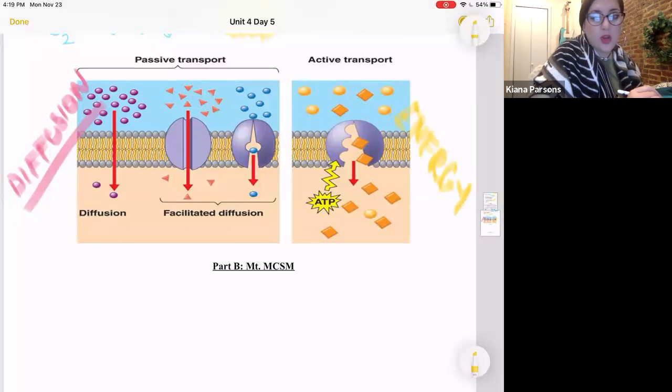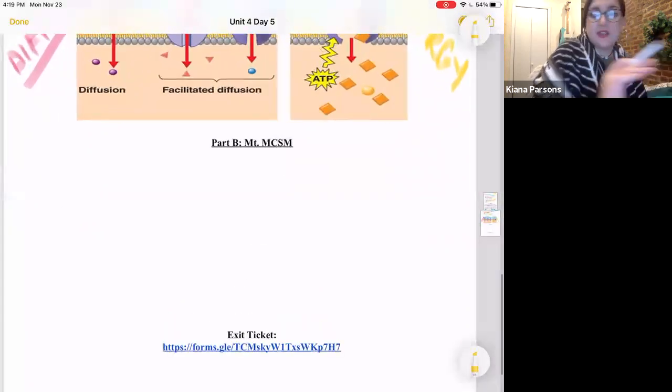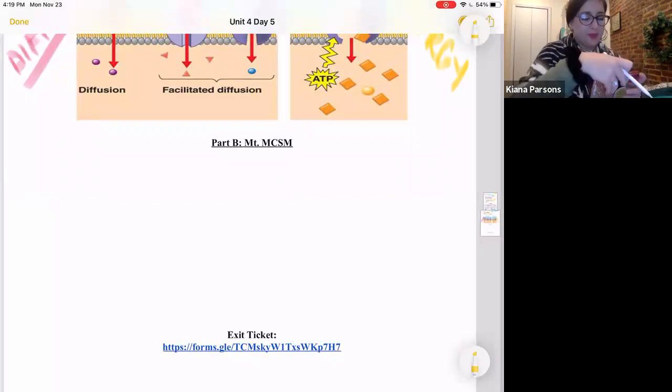And now we're going to diagram a way to remember the difference between these processes. You'll have to humor me, ladies and gentlemen, as I set this up.